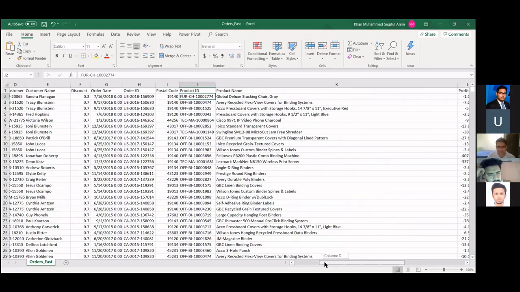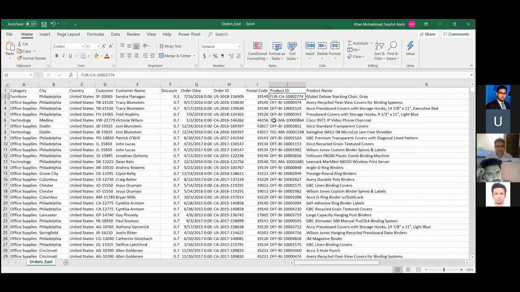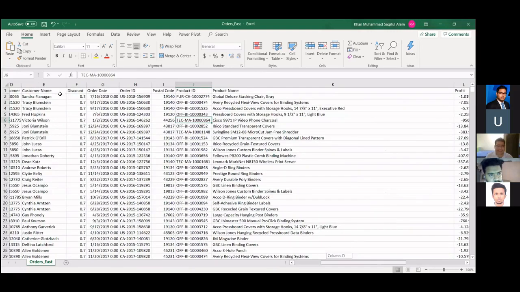An interesting thing about the product ID which will be useful later: if you look at it, the first 3 letters are FUR for furniture, OFF for office, TC for technology. So the product ID, if we break it down, lets us find out which category it is. I think the second group is for subcategory. So then we have the product name, then how much profit came per product, how many quantity, which region.